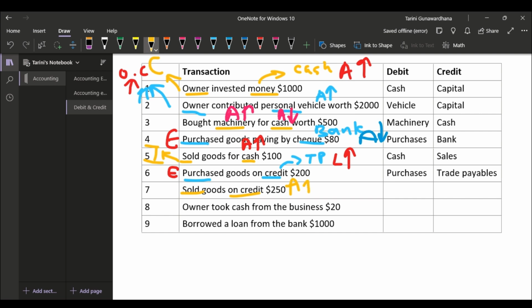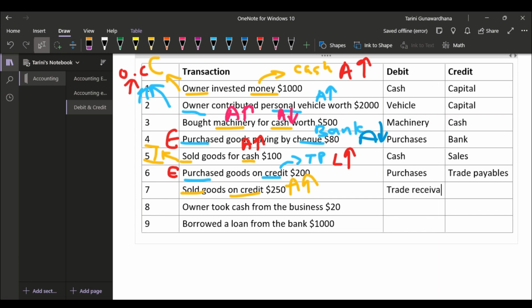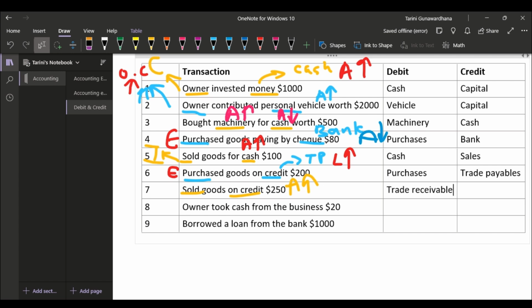So asset increasing is a debit. Trade receivable. And it's a sale. Sales are considered as income. Income account is credited. Sales.